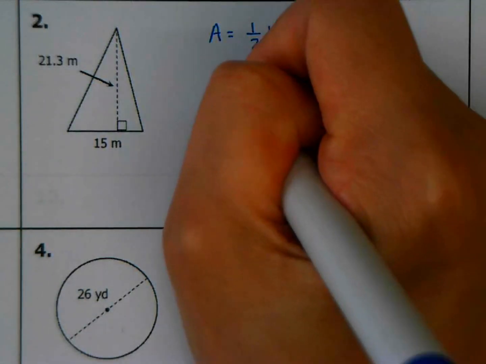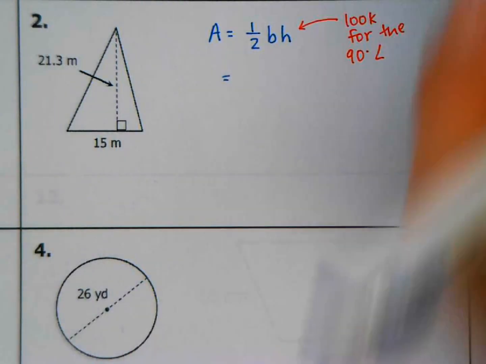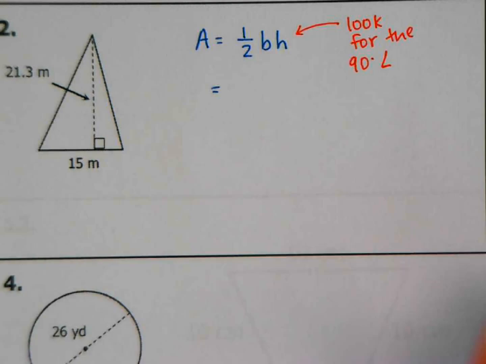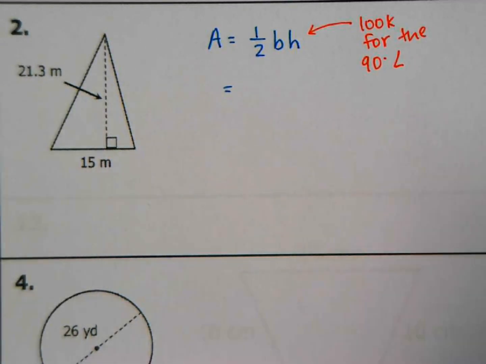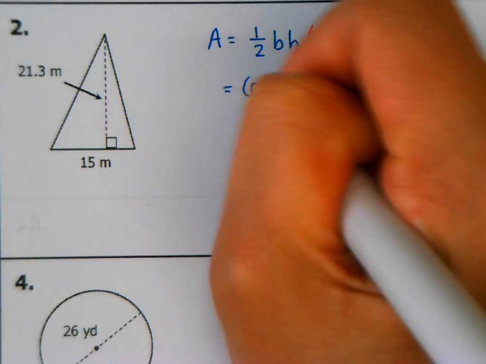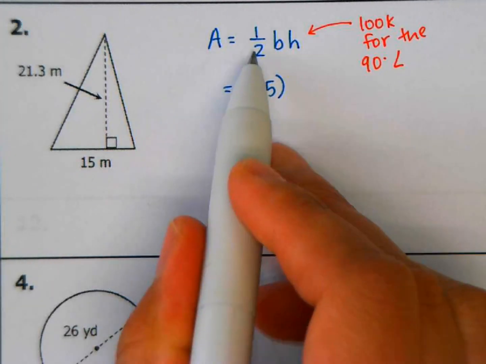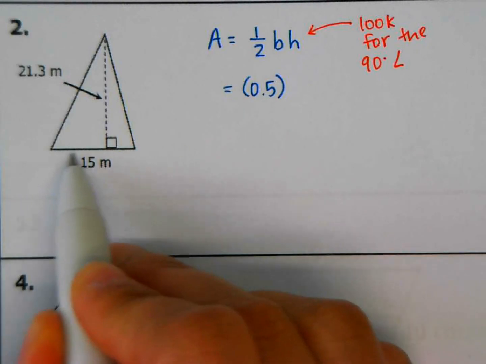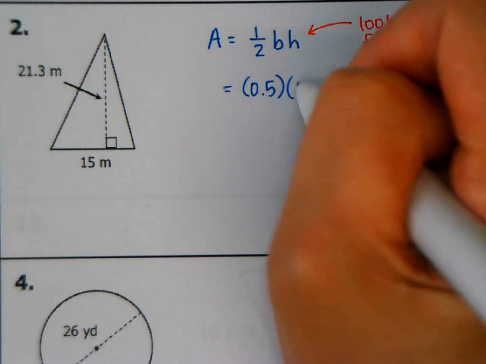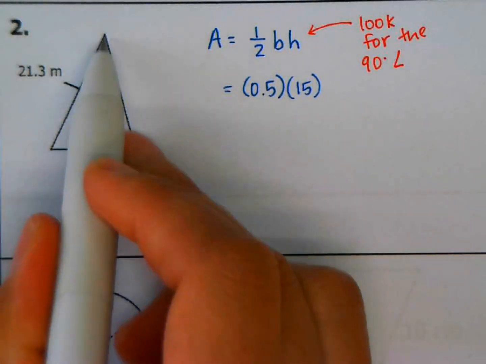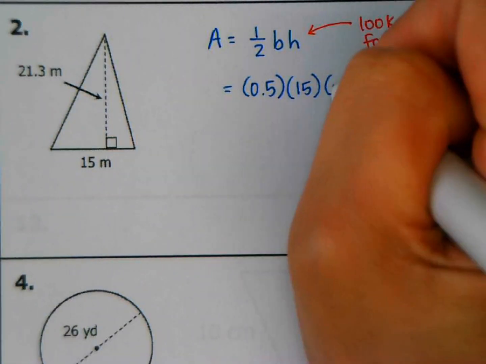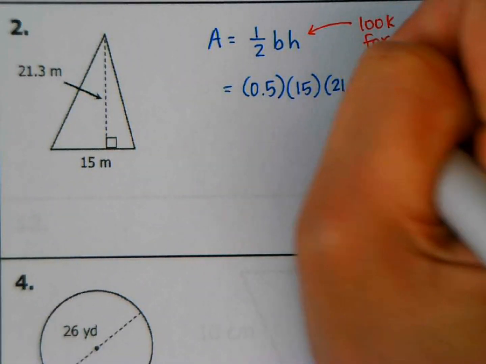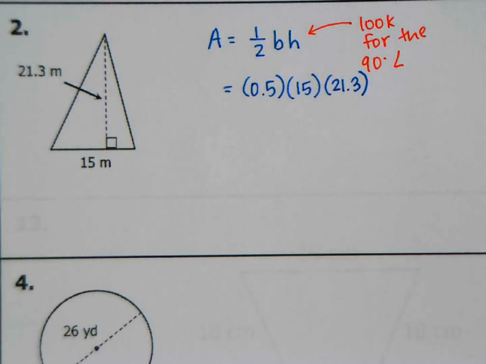And what I like to do, folks, is convert this fraction into a decimal. Do you guys know what the decimal of 1/2 is? 0.5, yeah. So 1/2 is 0.5 times the base of the triangle times the height of the triangle, 21.3.